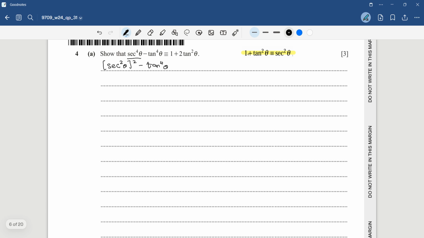And then secant square equal to 1 plus tangent square, so it's going to be 1 plus tangent square theta, all squared, minus tangent power of 4 theta, which is going to be 1 plus 2 tangent square theta plus tangent power of 4 theta minus tangent power of 4 theta. So it will cancel each other, and you'll get 1 plus 2 tangent square theta. So it is shown.